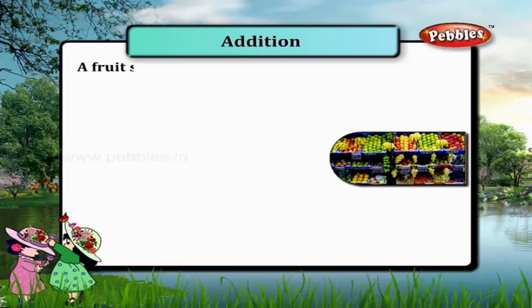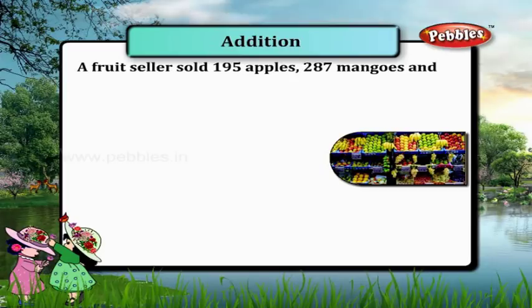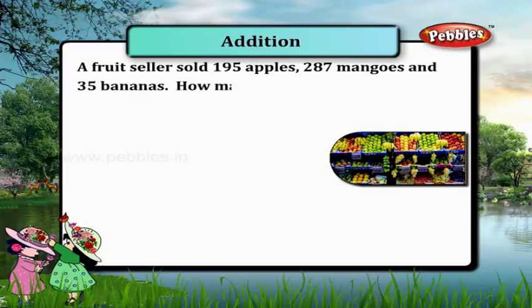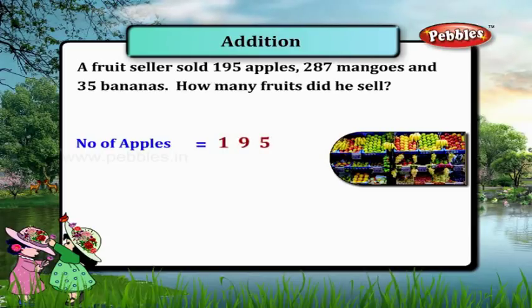A fruit seller sold 195 apples, 287 mangoes and 35 bananas. How many fruits did he sell in all? Number of apples is equal to 195.